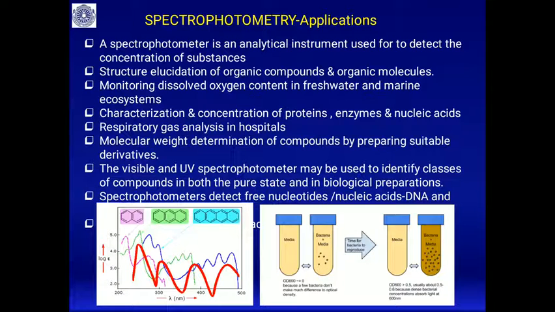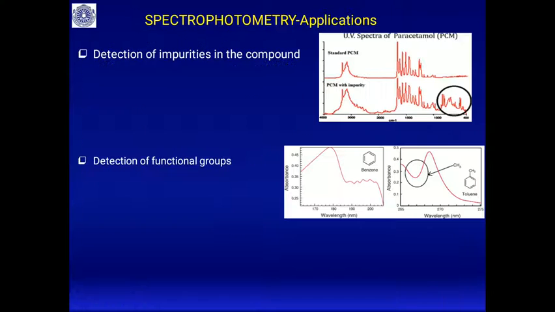Visible and UV spectrophotometry may be used to identify classes of compounds both in the pure state and in biological preparations. The spectrophotometer detects free nucleotides, nucleic acids, DNA, RNA. So many substance concentrations can be detected using the spectrophotometer.